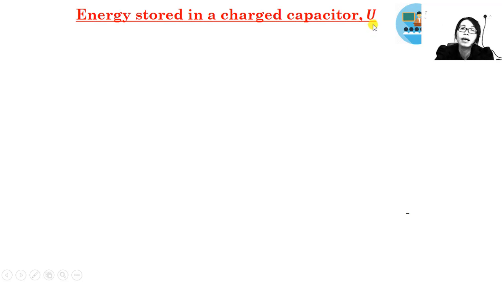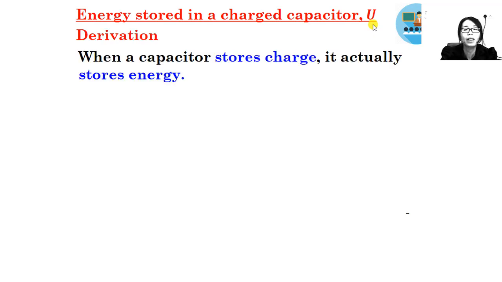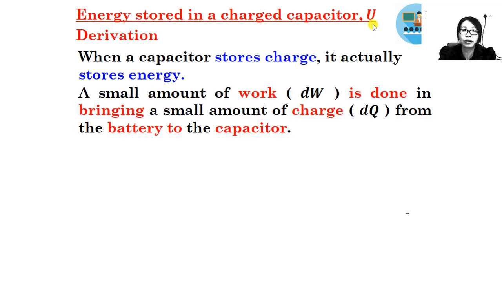So class, just now at the beginning of the video, we already said the main function of a capacitor is storing charge, or in other words, it stores energy. So how am I going to calculate the amount of energy stored in a charged capacitor? When a capacitor stores charge, it basically stores energy.